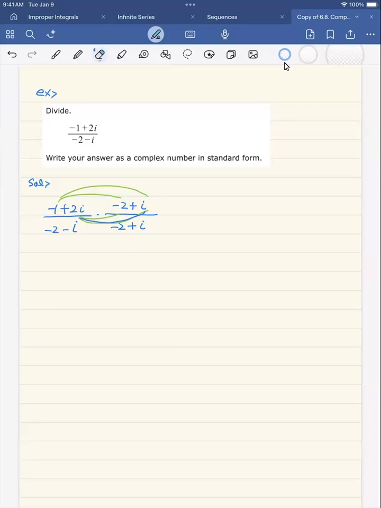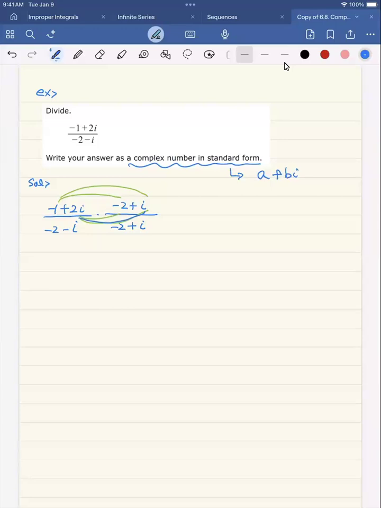In the following problem, we want to write the complex number in standard form. That means instead of a fraction, we want to write it as a plus bi form. To do that, we have to remove i from the denominator.